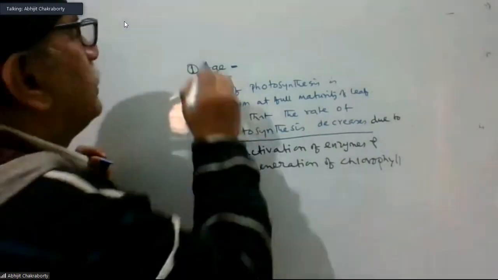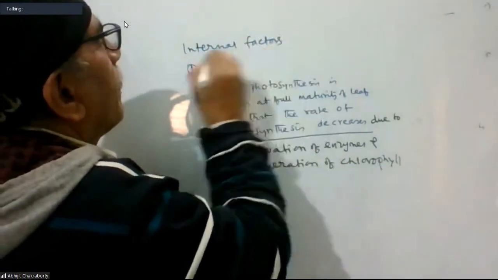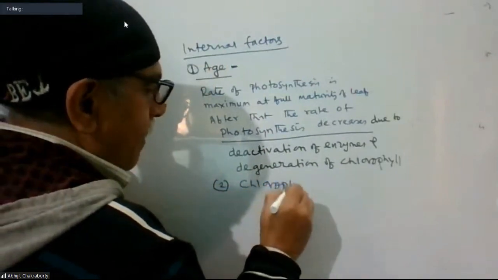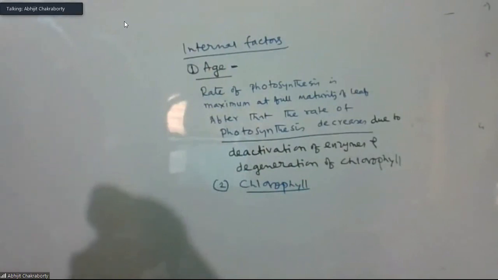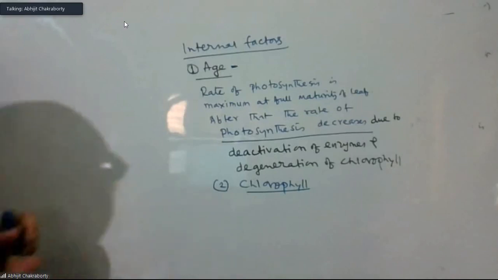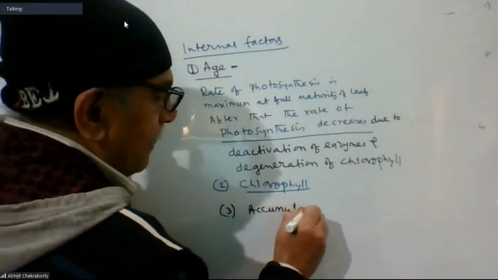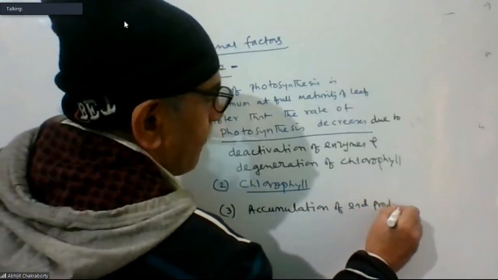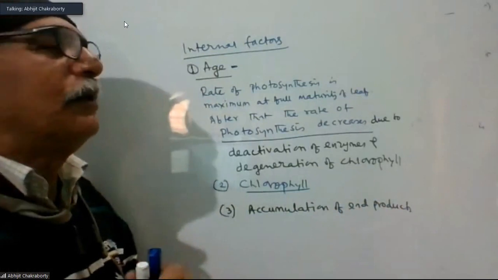Another internal factor is chlorophyll, which is also a most important internal factor. Then there is accumulation of end products. Chlorophyll is most important to trap the light energy.